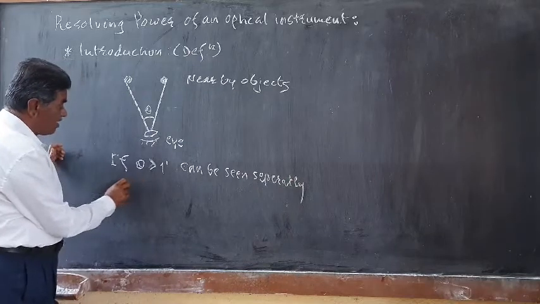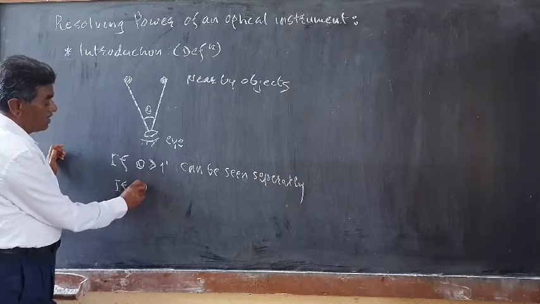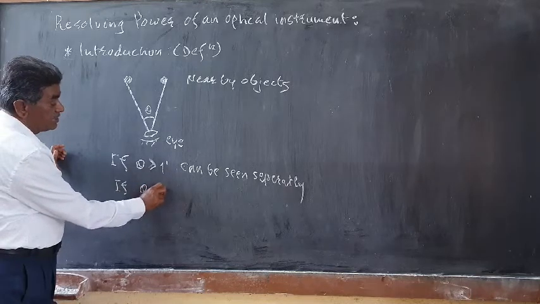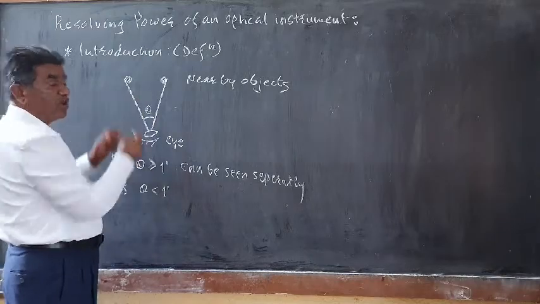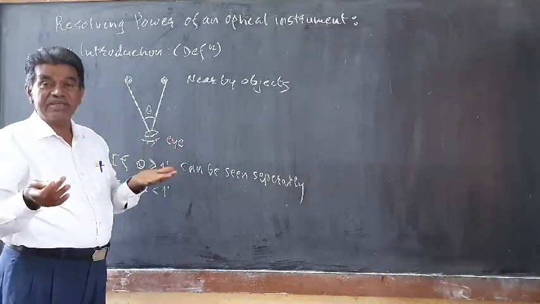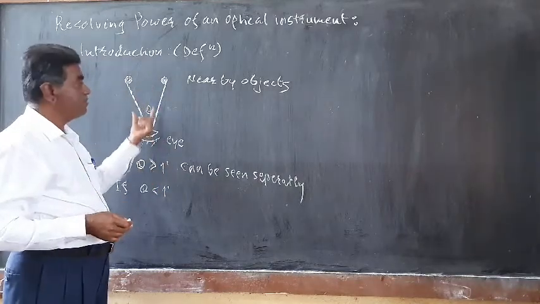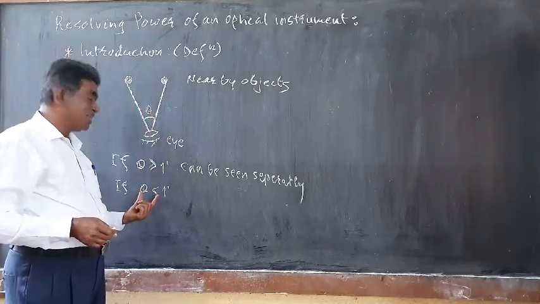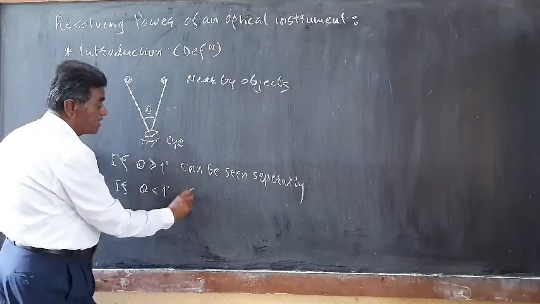If this angle subtended at our eye is less than 1 minute, then these two point objects appear as a single object. We cannot see them separately by means of our naked eye. When the angle subtended by the two nearby objects is less than 1 minute, these two objects cannot be seen separately.